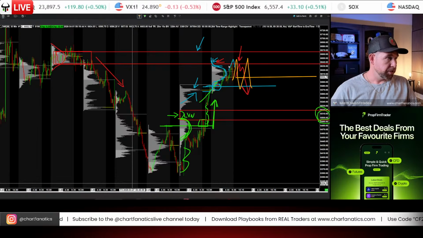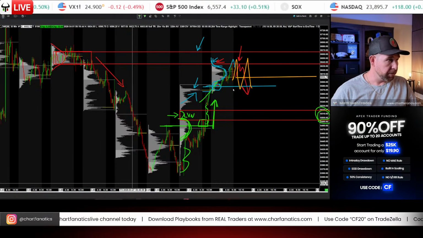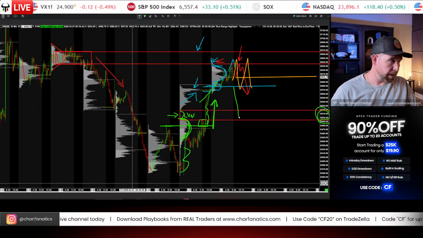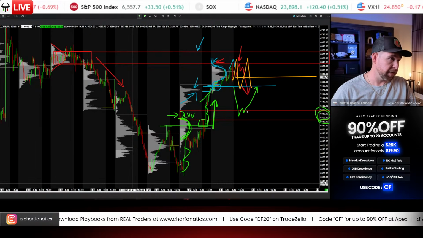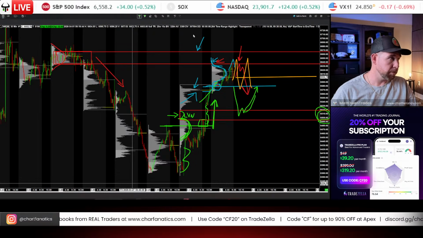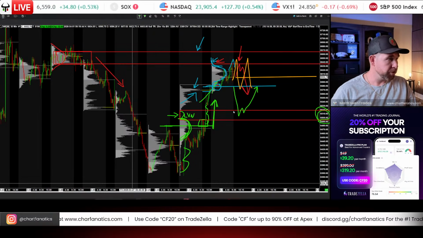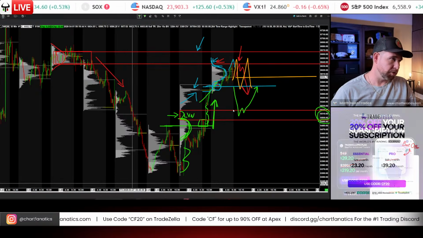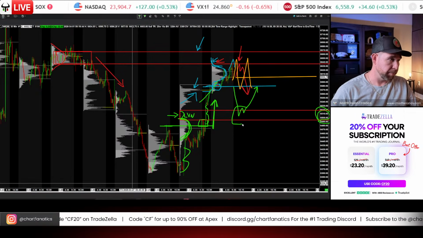That's another scenario. And then the last scenario, and I don't love this so much, and I'll tell you why: if we do drop down here and we see a significant defense from buyers, I may look to take that to the long side, probably more for a scalp. But I don't love that scenario because, one, the market is downtrending overall. Two, this is in the middle of that higher time frame channel, right?